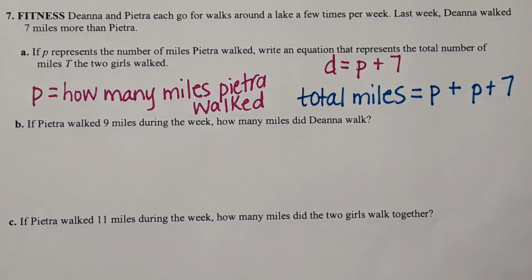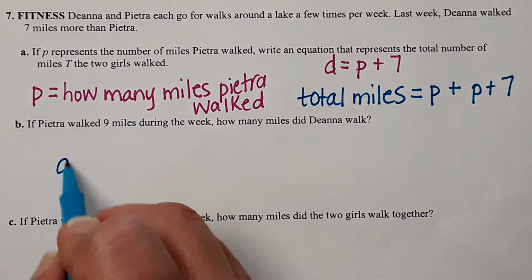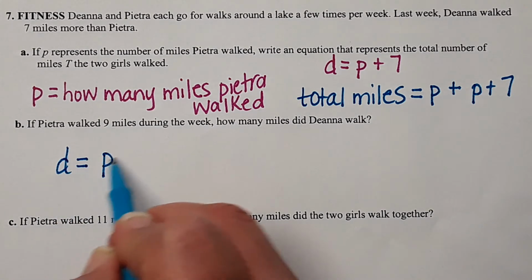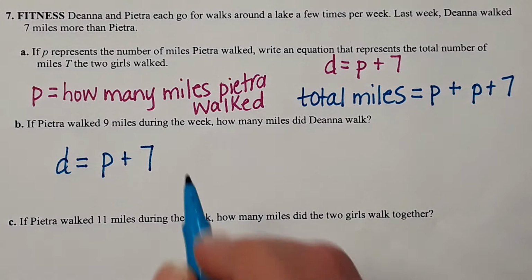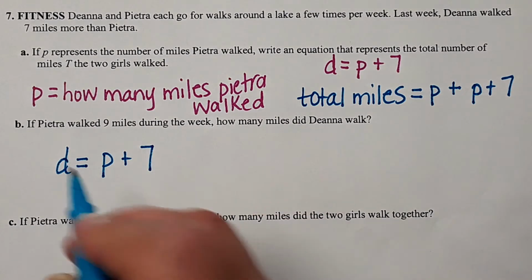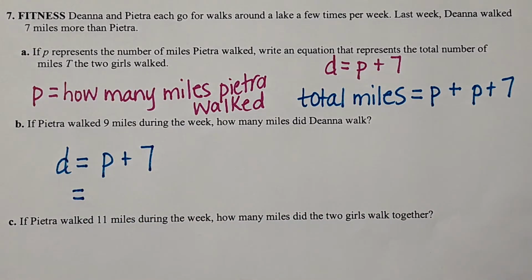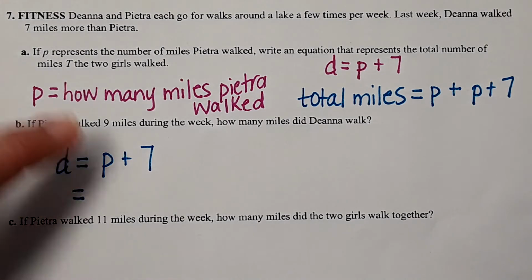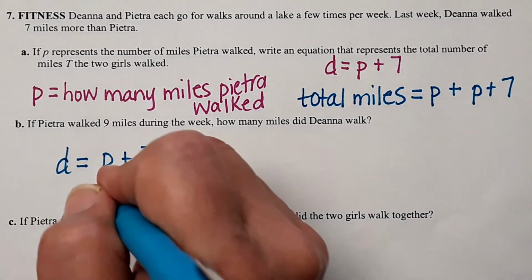Okay, we're almost there, you guys. If Petra walked 9 miles during the week, how many miles did Deanna walk? So Deanna equals P plus 7. How many miles did Petra walk? Because P equals Petra. How many? 9.